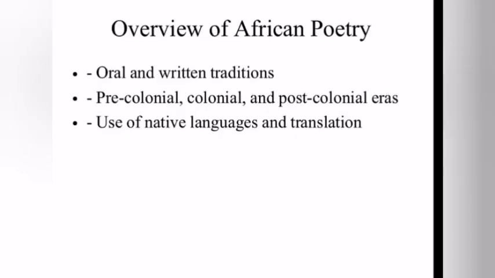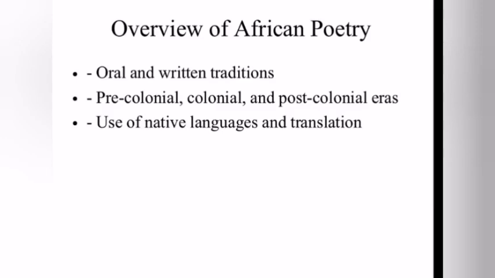Okay. So now we go on to an overview of African poetry. We know that African poetry started in an oral form before it moved into its written form. Firstly, our traditions, our culture, our style, or our way of life were first of all sung.